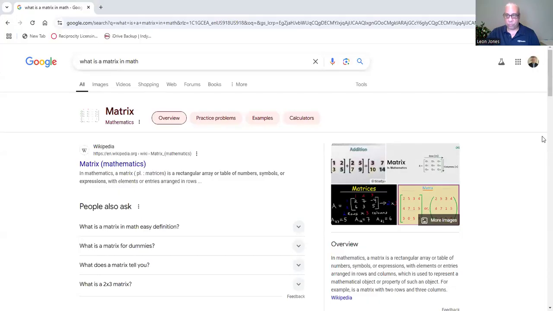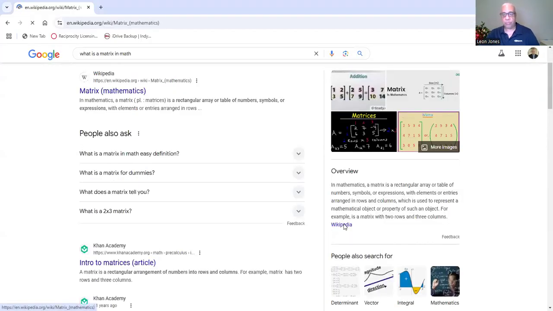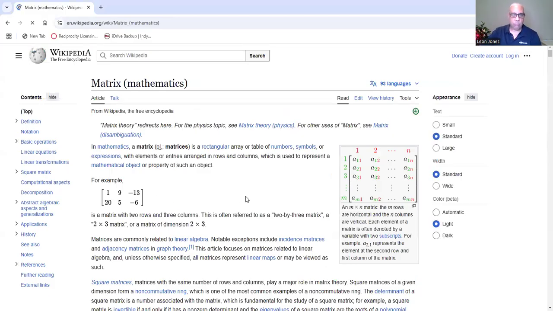Now, let me share my screen and let's have a definition of what a matrix really is. When we deal with a matrix, basically we're dealing with a rectangular array or table of numbers, symbols, or expressions, with lots of elements.